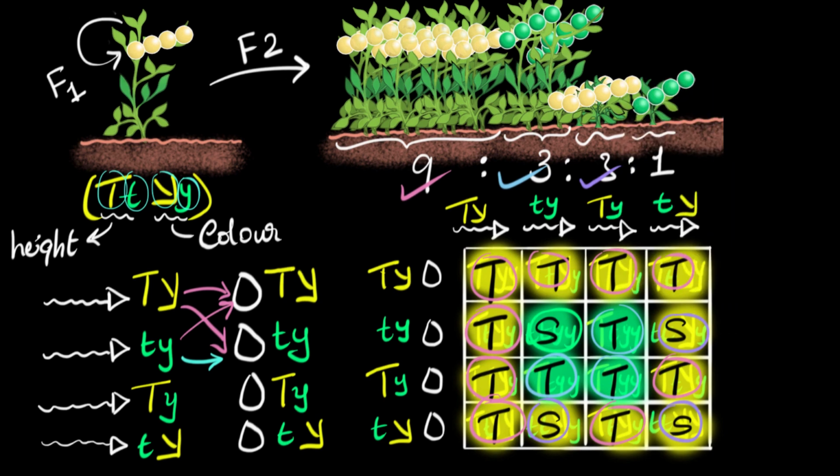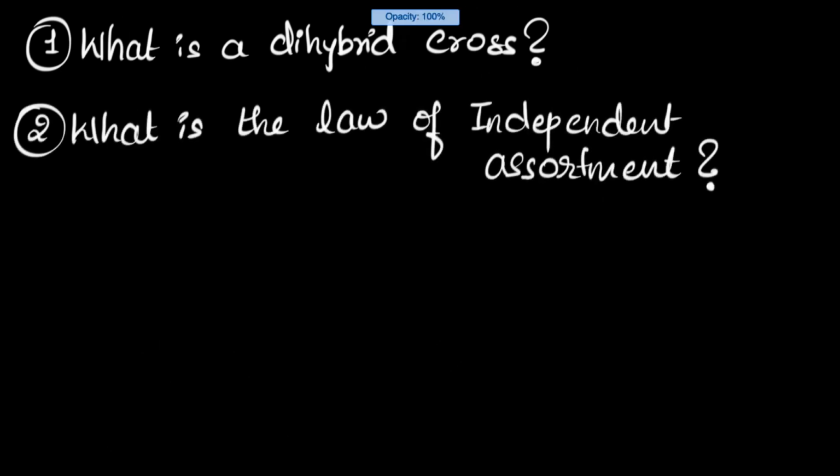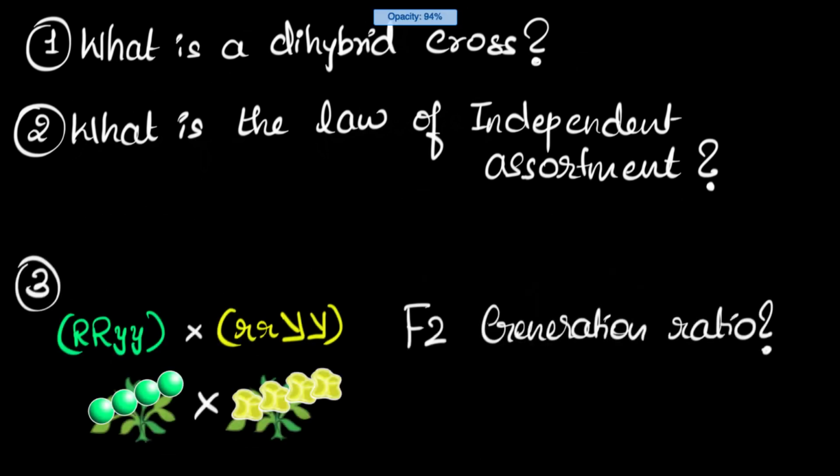Let's see if we can now recall what we learned in this video. Can you recall what a dihybrid cross is? What is the law of independent assortment? And finally, can you see if you can work out what will be the F2 generation offspring ratio if we cross two short plants, one which has round green seeds versus one which has wrinkled yellow seeds.